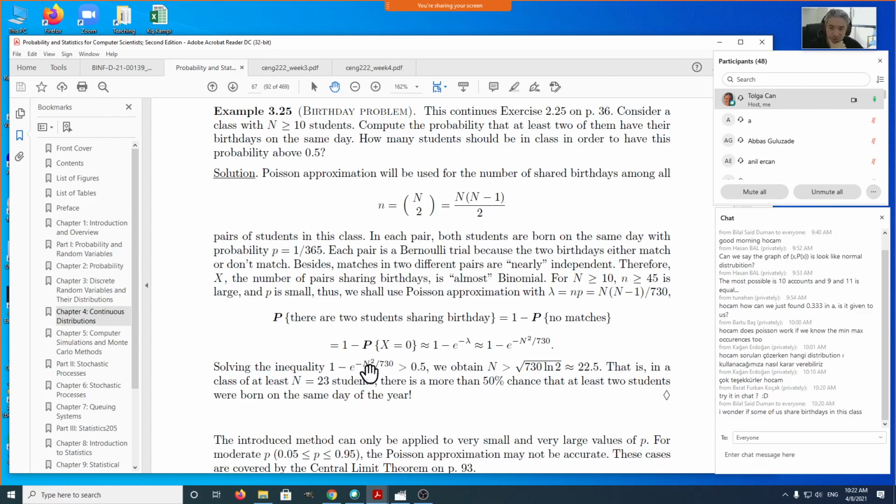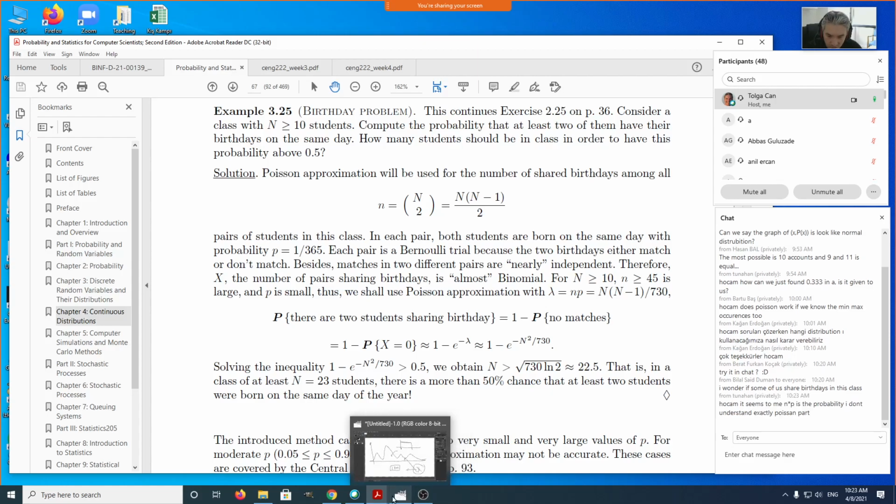Instead of n squared, plug in 49, and instead of 1 over 730, just plug in 1 over 365. You can compute this probability, and it will give you the probability that two students share the same birthday today in this synchronous class.